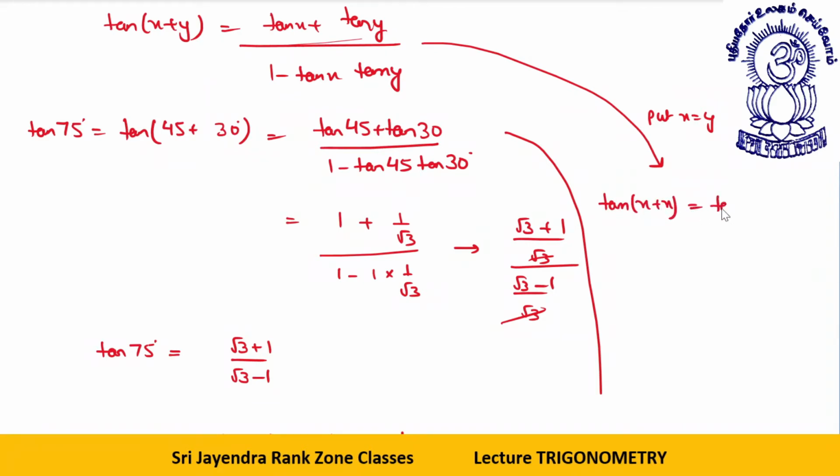Tan of x plus x is equal to tan x plus tan x upon 1 minus tan x into tan x. Tan 2x is equal to tan x plus tan x, that is 2 tan x, upon 1 minus tan square x. So you get a formula. Tan 2x is 2 tan x upon 1 minus tan square x. Clear to all of you?